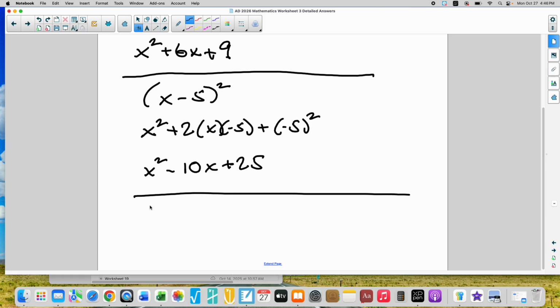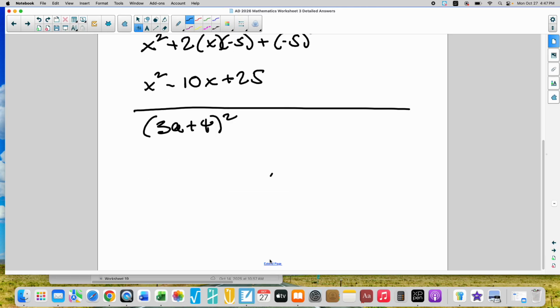And then you can do something a little bit more technical. You can do 3a minus 4 quantity squared. Now let's do plus. So remember, it's going to be a squared plus 2ab plus b squared.